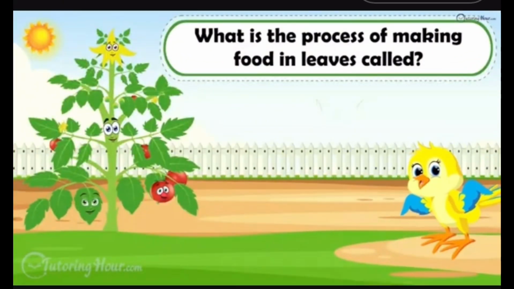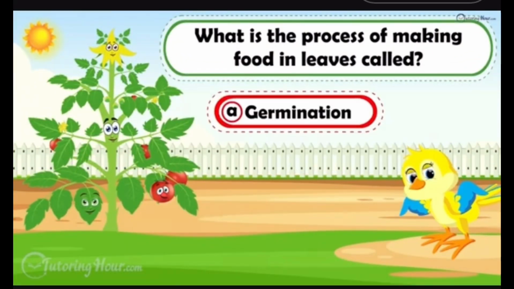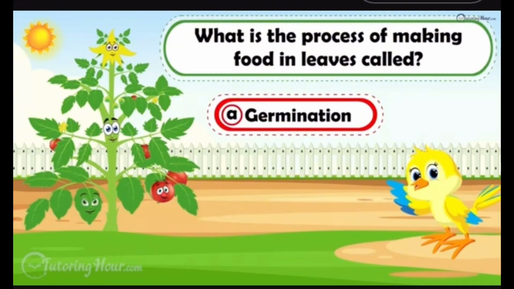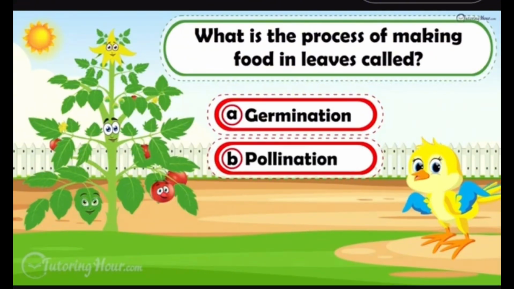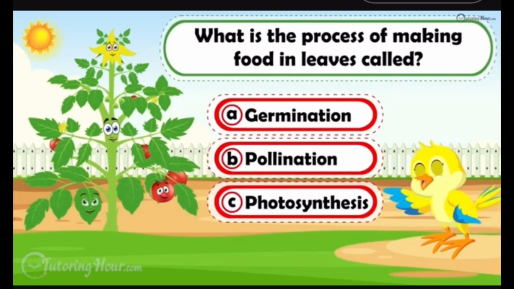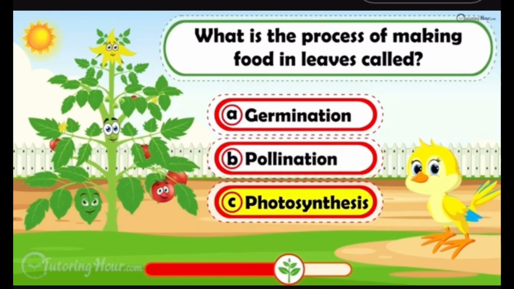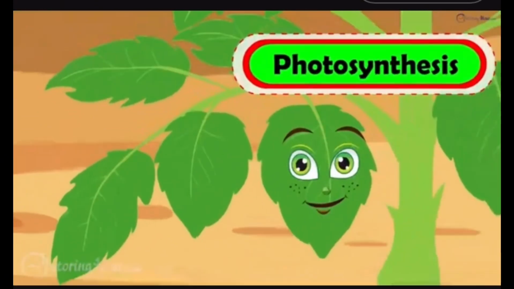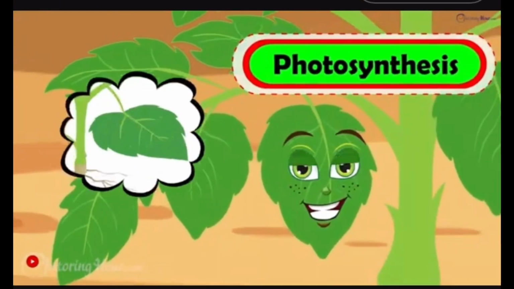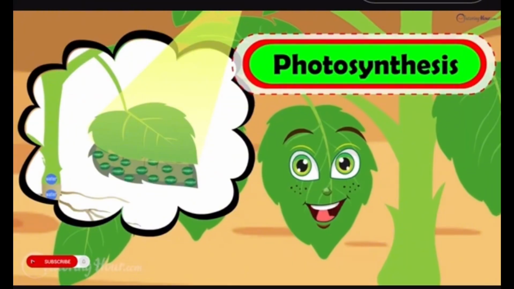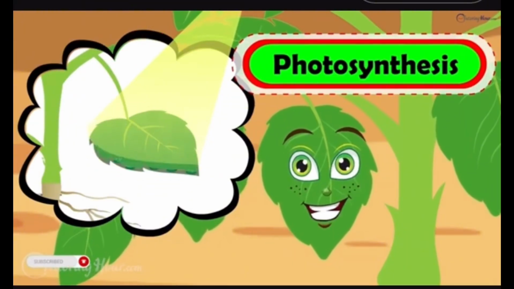What is the process of making food in leaves called? Is it A, germination, B, pollination, or C, photosynthesis? That's photosynthesis. It's the process by which I make food using sunlight, water, carbon dioxide, and chlorophyll.